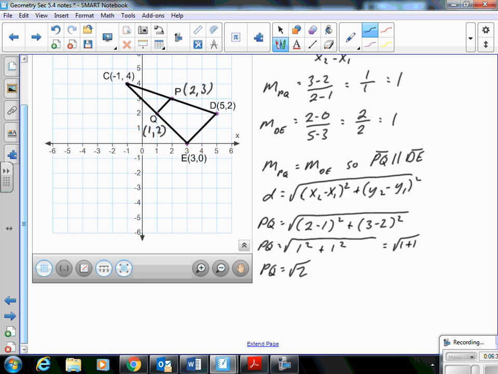Now I need to do the same thing for DE. For DE, our x's are 5 and 3, so 5 minus 3 squared. And then for the y's, 2 minus 0 squared.